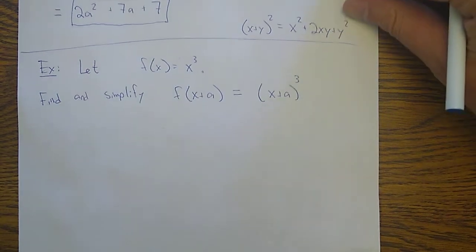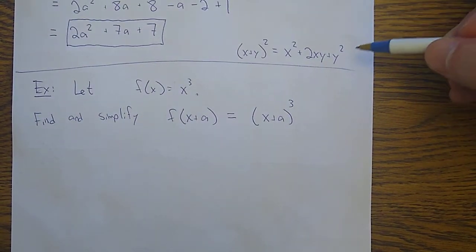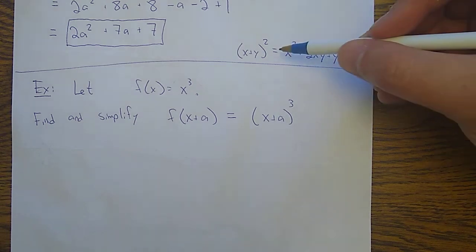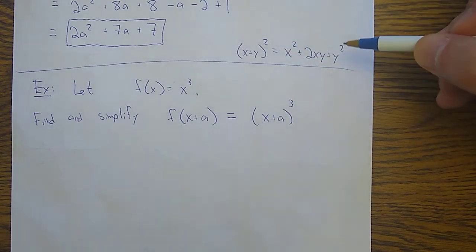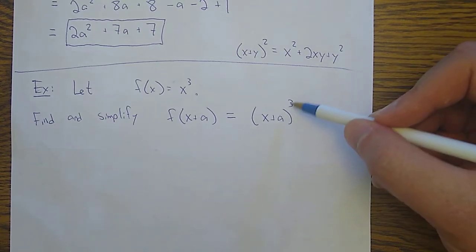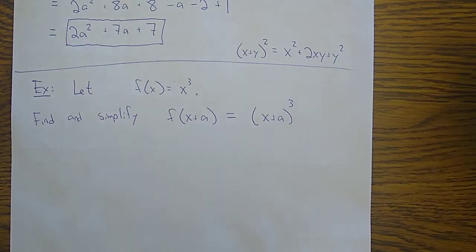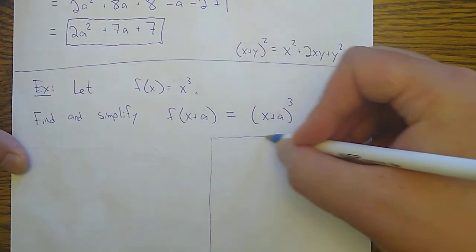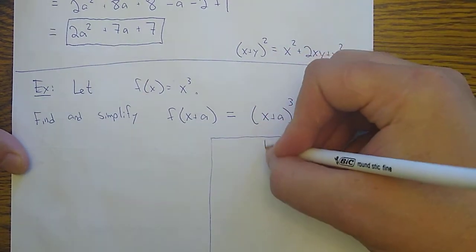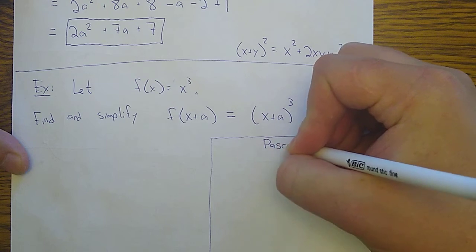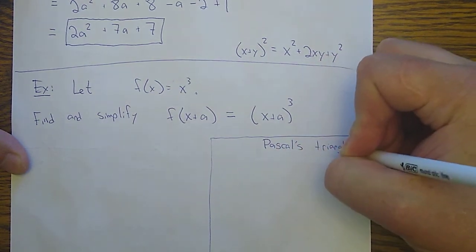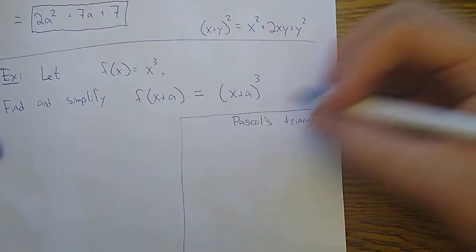Now, on the last one, we used this formula. X plus y squared is this. Now I have something to the third power. Let me show you something called Pascal's triangle.